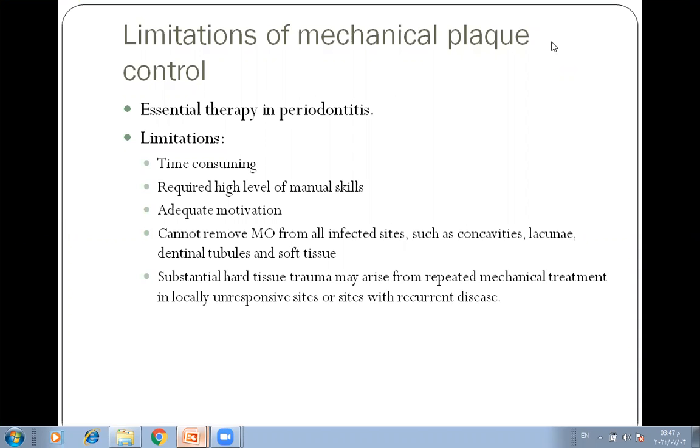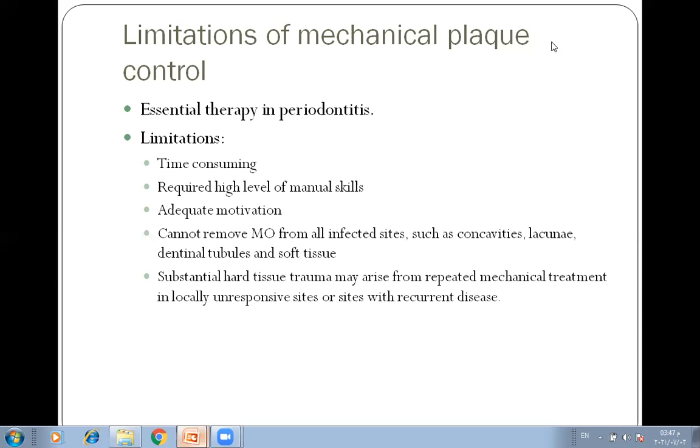First of all, it needs a lot of time until we finish the removal of all the calculus and dental plaque, and then wait for the results. Second, it requires a high level of hand skills, manual dexterity. And third, it needs adequate motivation for the patient and for the dentist as well.